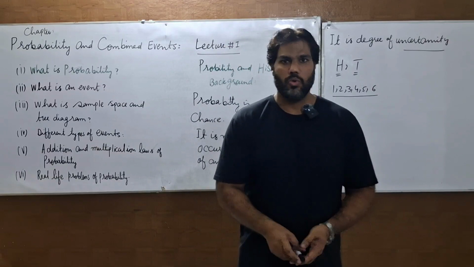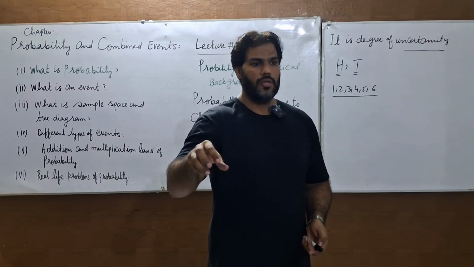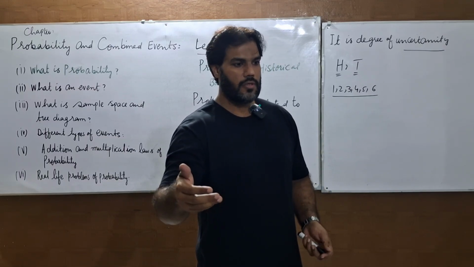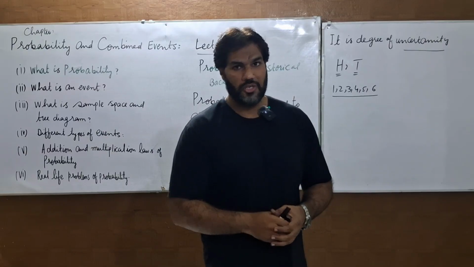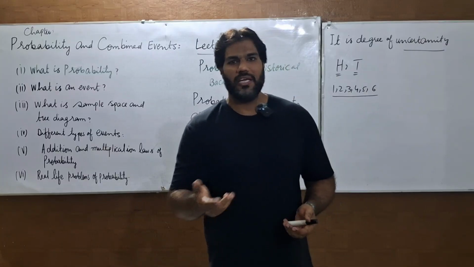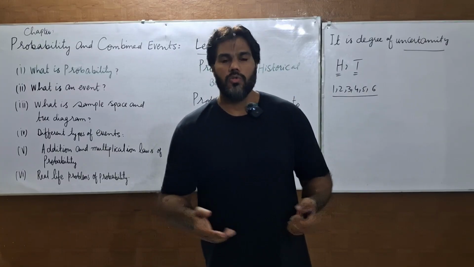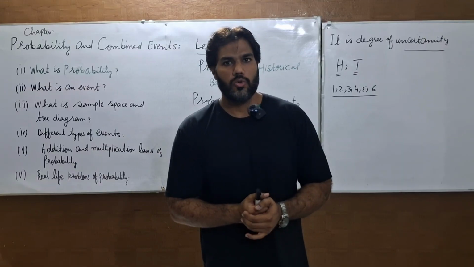So both of these experiments have some chance of risk, some chance of doubt. So both of the experiments involve probability. Similarly, when you take a card from a pack of playing cards, as you know, there are 52 cards in a pack.